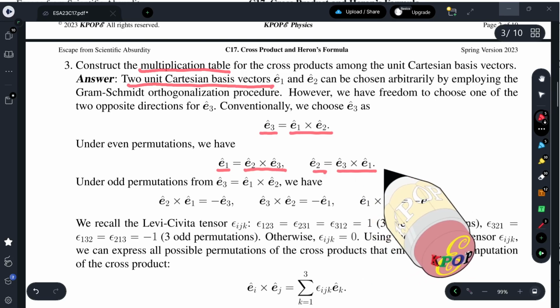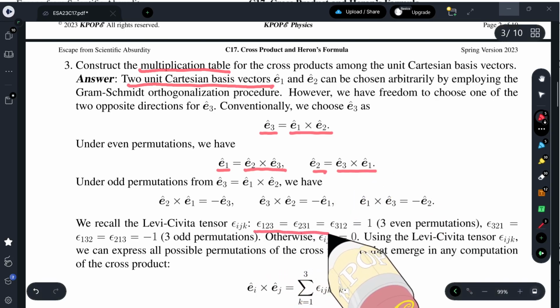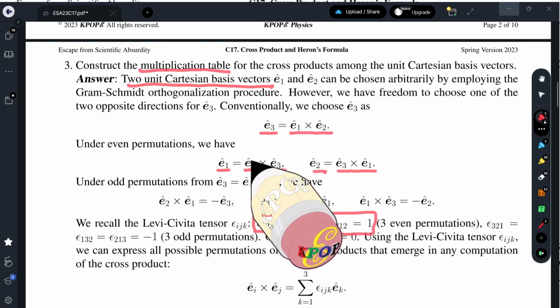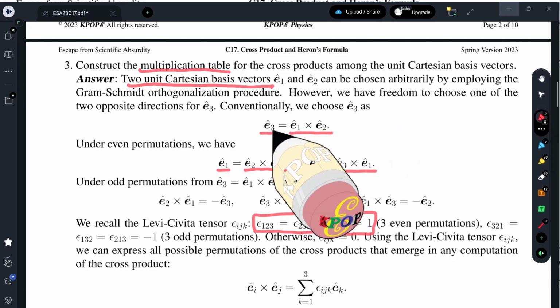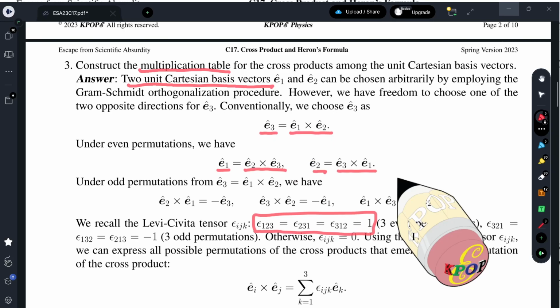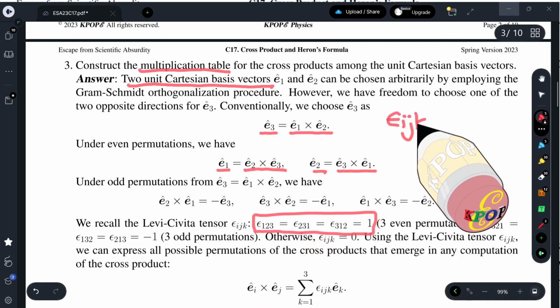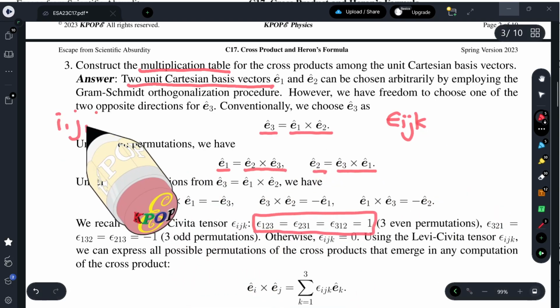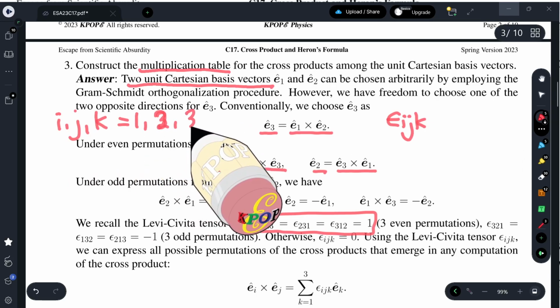We have a simple way to find that there is no additional factor to obtain the value of the cross product of two Cartesian unit basis vectors. We introduce epsilon i, j, k, and here these three, i, j, and k, are vector indices 1, 2, or 3.